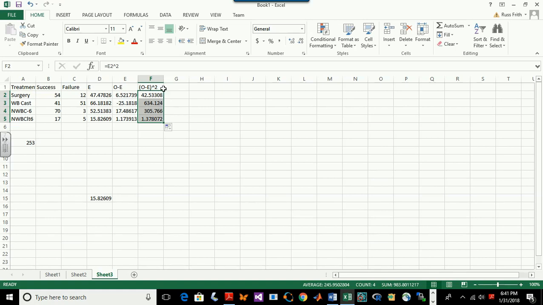Then we have to divide them by E, so this would be O minus E squared over E. This is equal to this number over this number. And then drag those down.